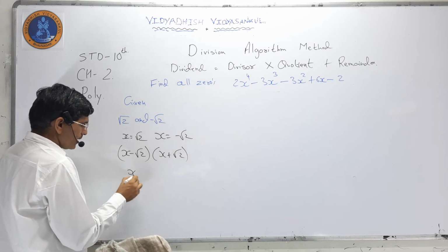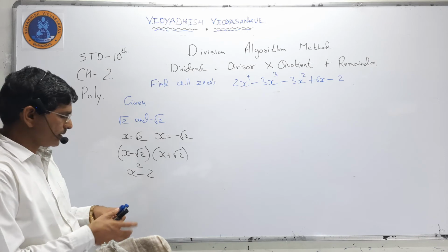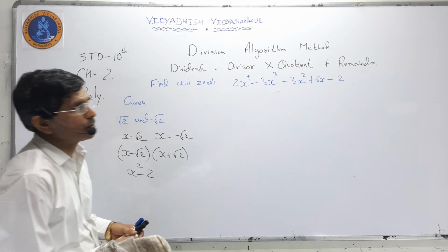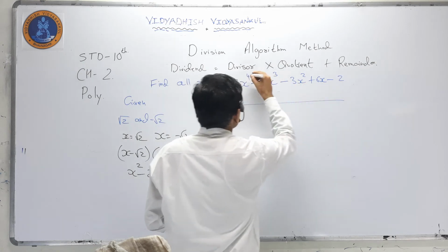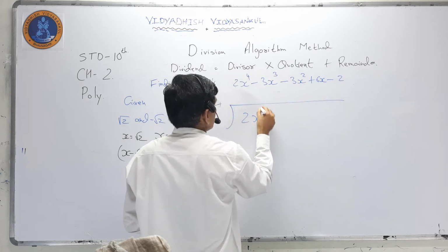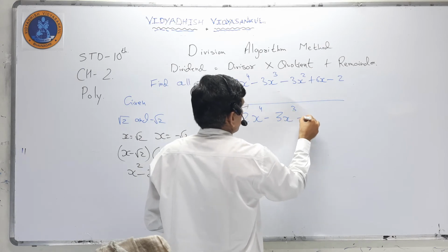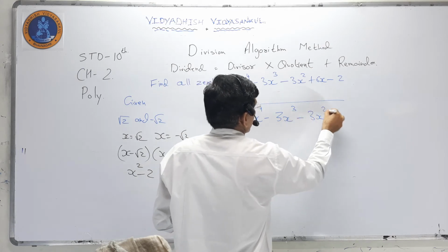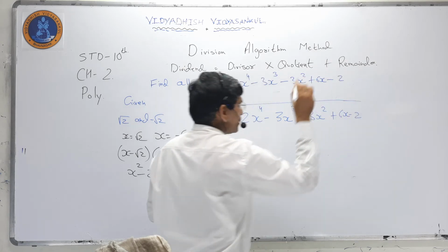We get answer x square minus 2. We have to do it by the long division method. That is 2x the power 4 minus 3x cube minus 3x square plus 6x minus 2.